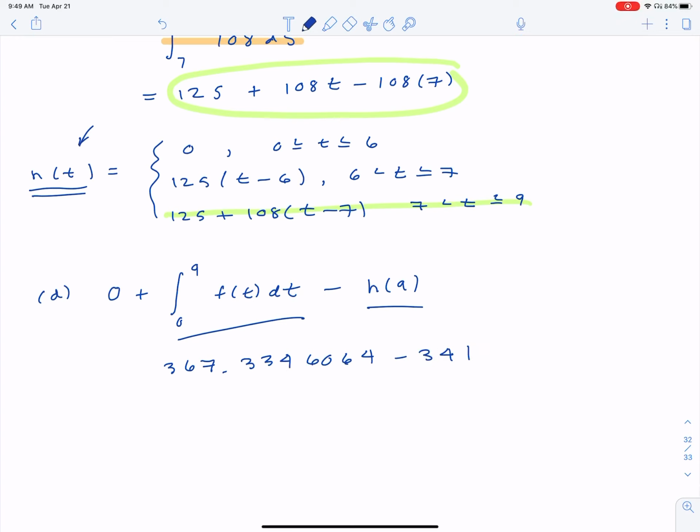So my total answer is either 26.334 cubic feet or 26.335 cubic feet. Okay, I know that went on a bit long, but that is problem number 24.